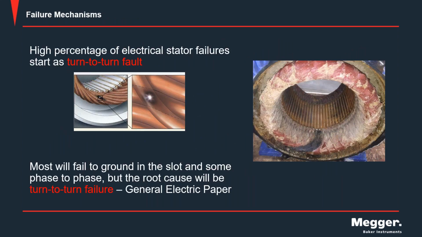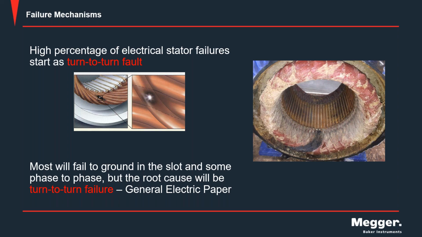So we have a research paper from General Electric that has told us that a high percentage of electrical stator failures start as turn to turn. Most will fail to ground in the slot, and some phase to phase, but the root cause is that turn to turn failure.